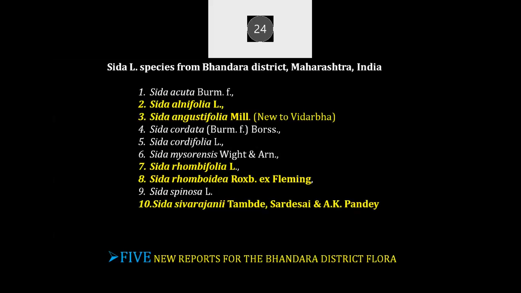The yellow ones are completely new to Bhandara district: Sida alnifolia, Sida angustifolia, Sida rhombifolia, Sida rhomboidea, and Sida sivarajanii. So these are the five new reports to Bhandara district.